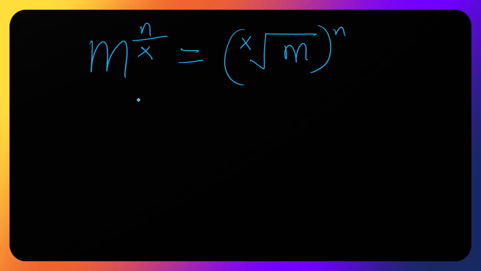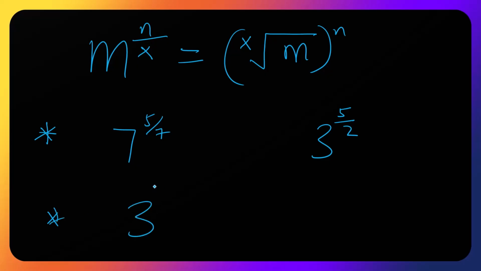Now let's pause the video and observe the following: 7 exponent 5 on 7, 3 exponent 5 on 2, and 3 exponent 7 on 11.